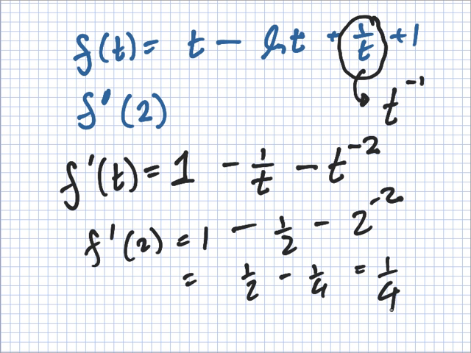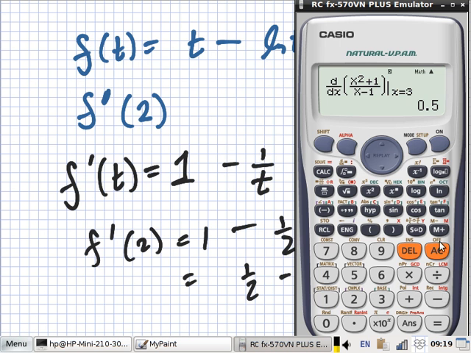Let's check on the calculator to see if we've got this right. I'm going to check the whole thing. What I'm going to do is put in the whole thing.